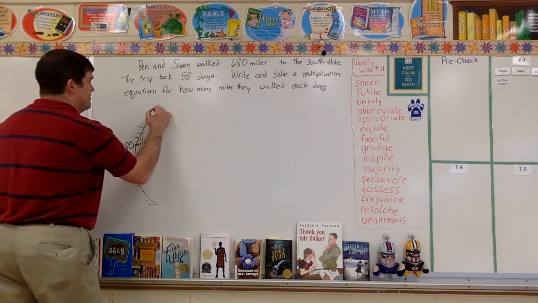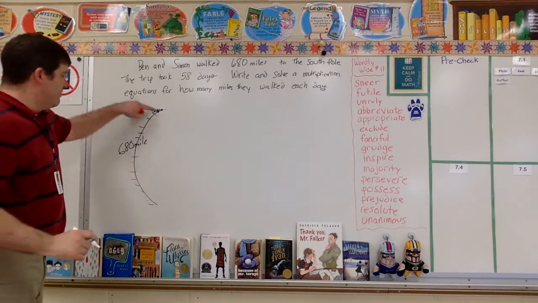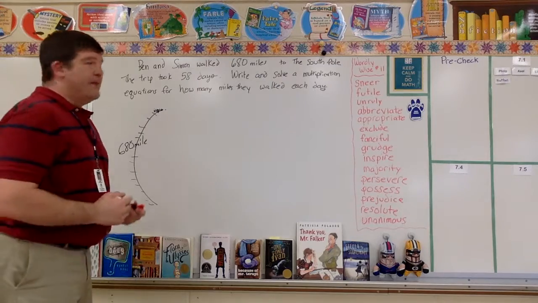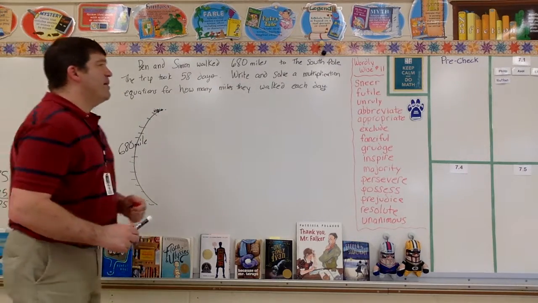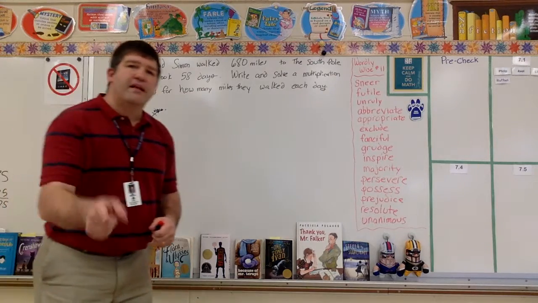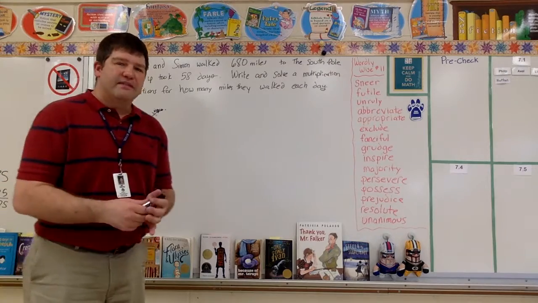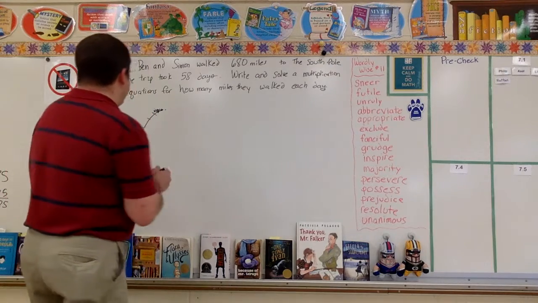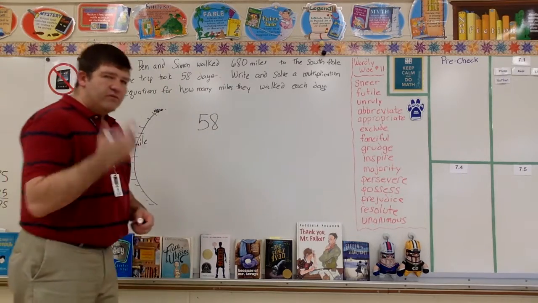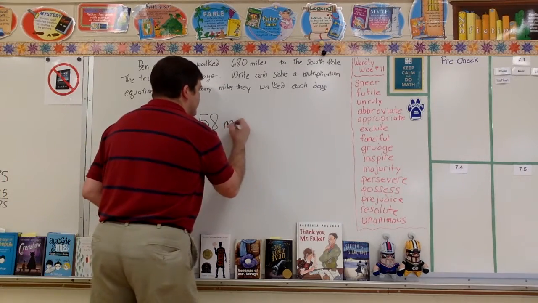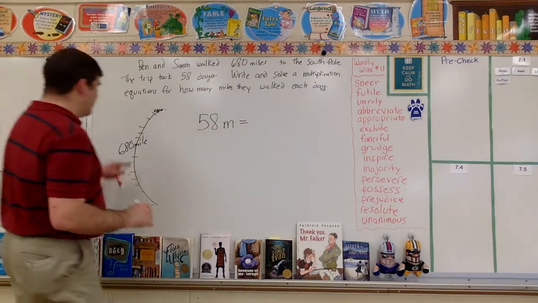So 58 days to walk from here to here. Now, it says, write and solve a multiplication equation for how many miles they walked each day. Multiplication equation. So something times something. I'm going to say 58 days times miles each day is going to get me the total, which I know is 680.